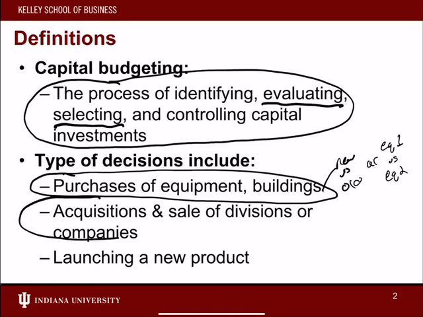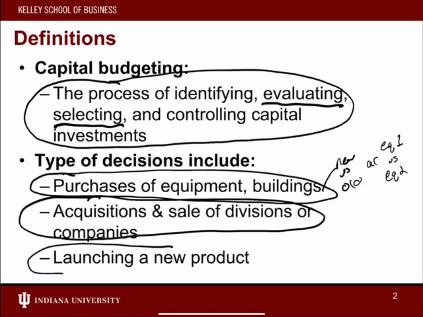It could be the acquisition or sale of entire divisions or subunits of our company. So we'll have to evaluate, hey, is this going to be profitable in the long run if we buy it, or is it going to be profitable in the long run if we currently own it? Should we go ahead and sell this? And then also launching of a new product.